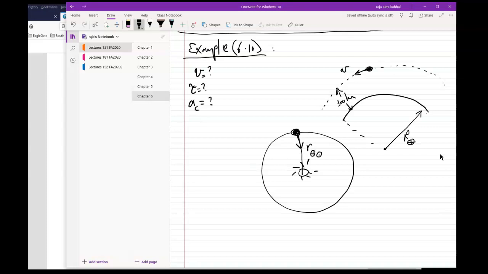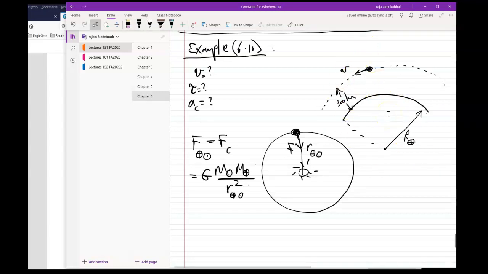The centripetal force here between the Earth and the sun, that centripetal force, F sub c, is nothing but the gravitational force. So in other words, the gravitational force is playing the role of the centripetal force. It is the one that is causing it to go in a circle. And that's exactly what we have in this case.